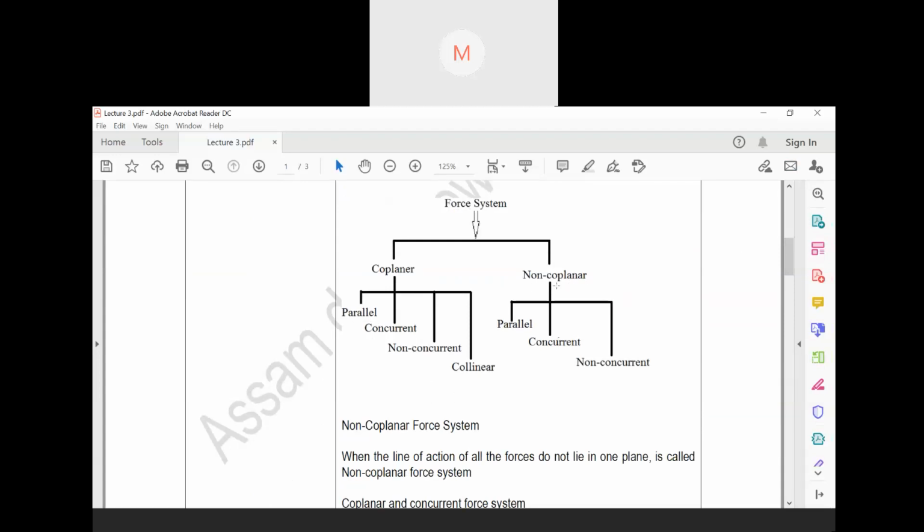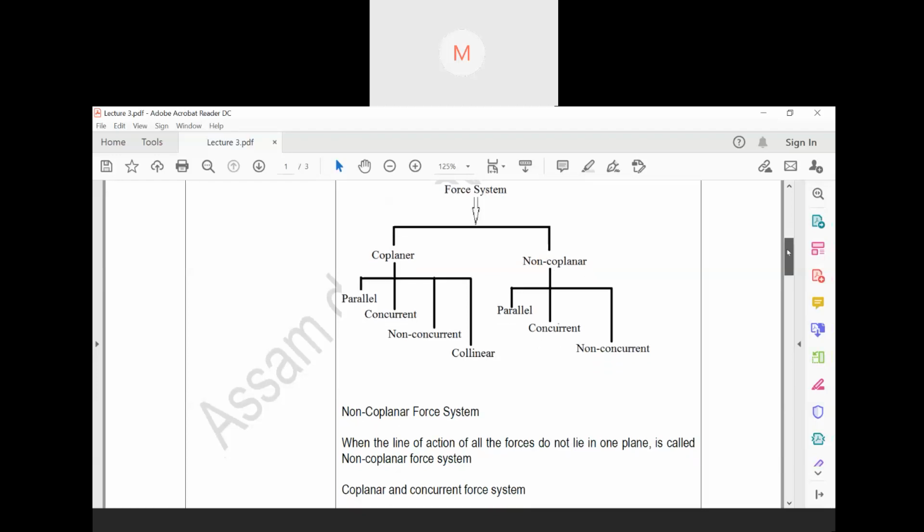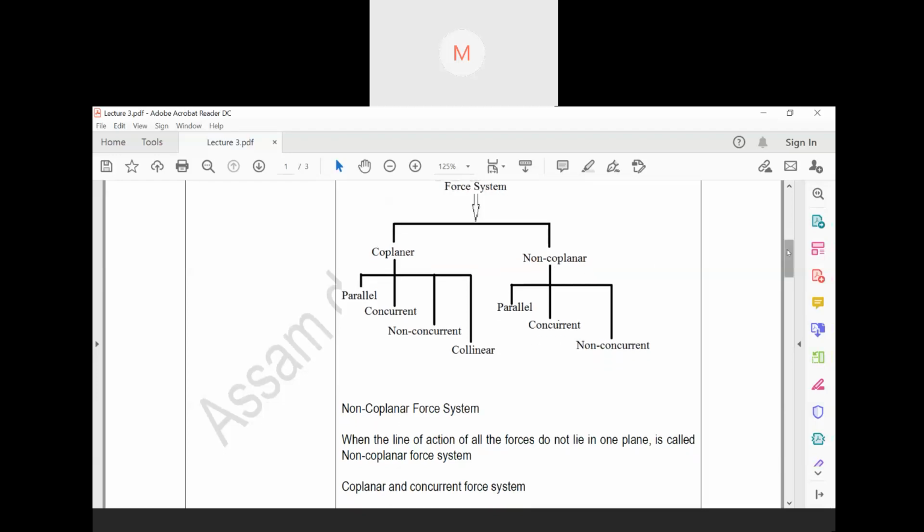Now under non-coplanar, the forces do not lie on the same plane. Let us show you by using an example. Suppose this is one plane and this is one plane.